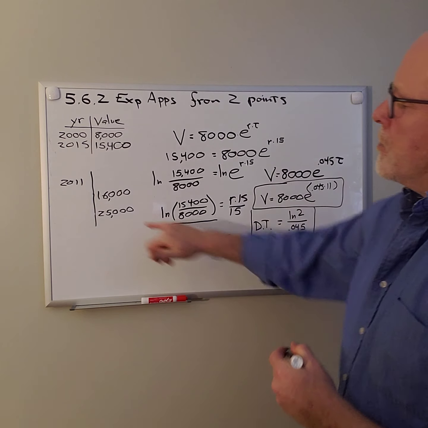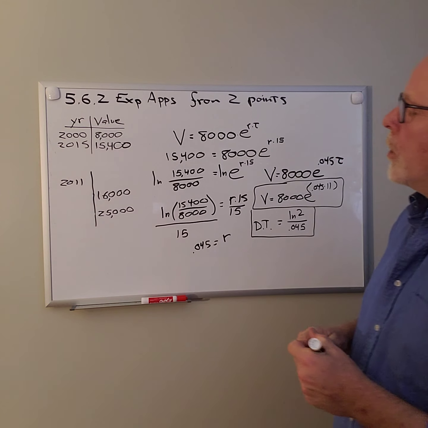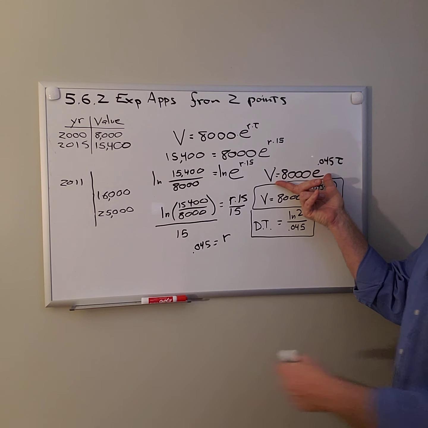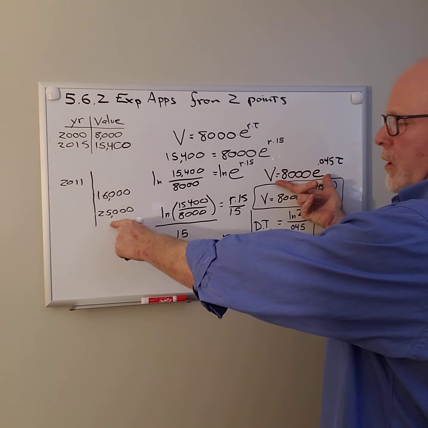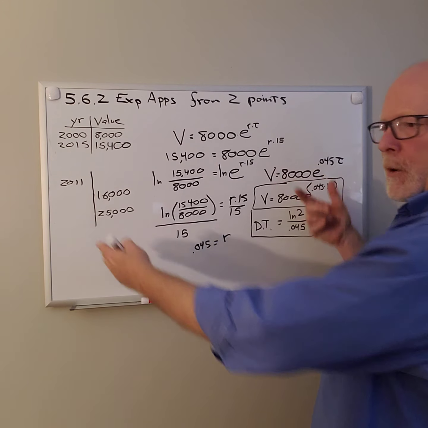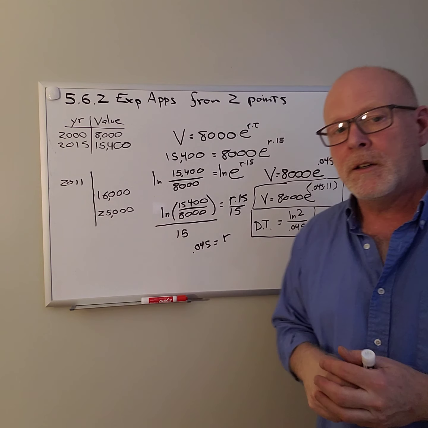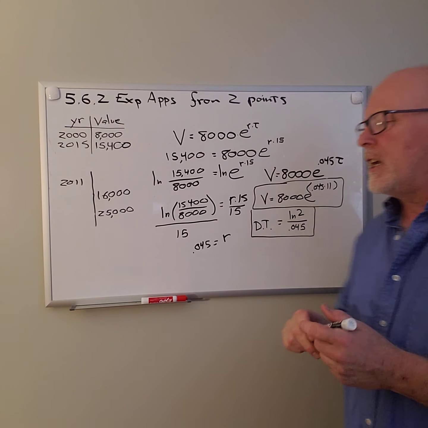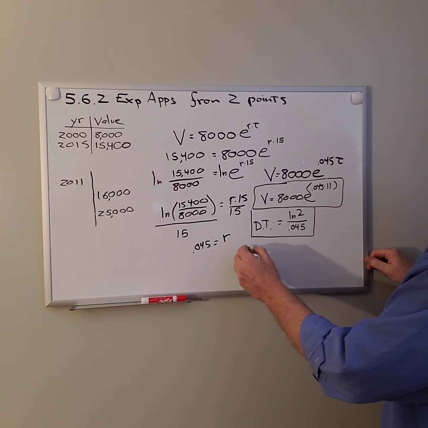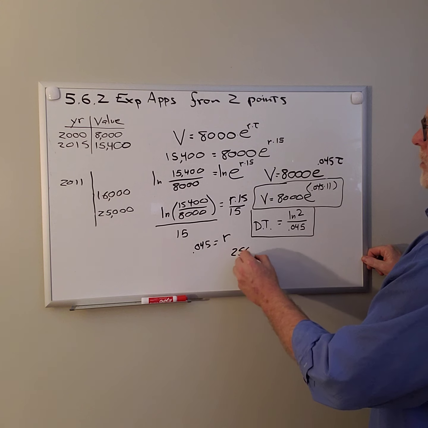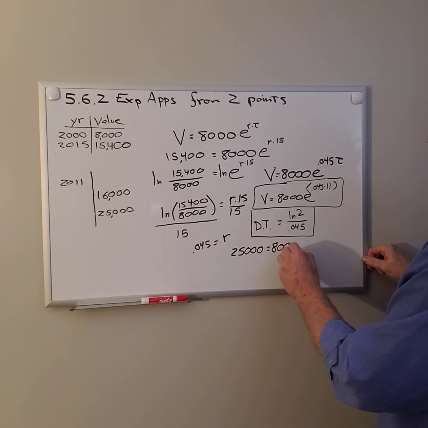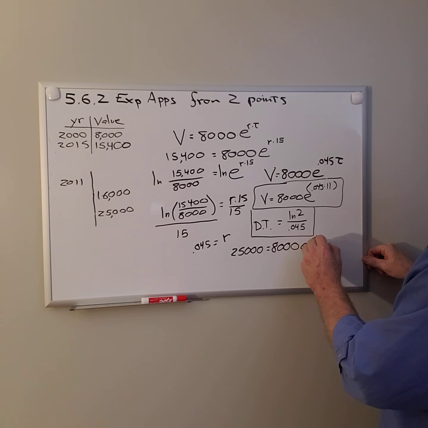And then to answer this third one, we could go back to the calculator and we could graph our function here, and we could graph our horizontal line at 25,000 and find where those intersect. That's the way we've done that all through this course. But we've got a different way to do this here, which is we can set 25,000 equal to 8,000 e to the 0.045t.